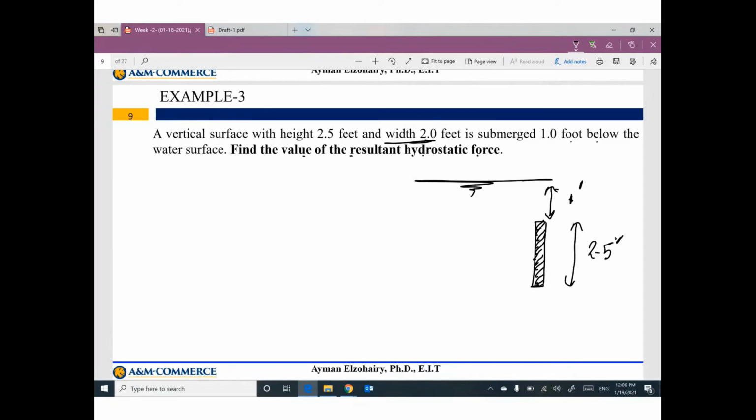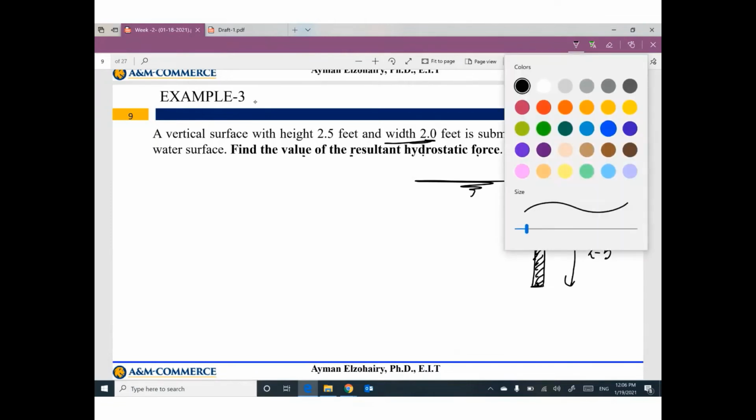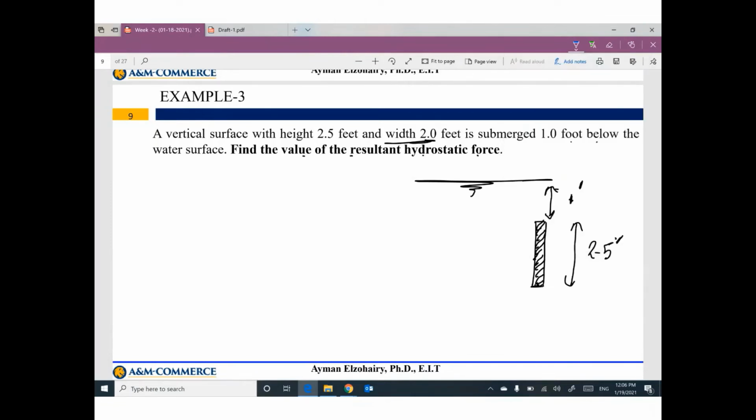Let's first find the pressure distribution. Point number 1 at the top, point number 2 at the bottom. So pressure equals gamma H. P1 equals, I'm going to use feet, so gamma water is 62.4.